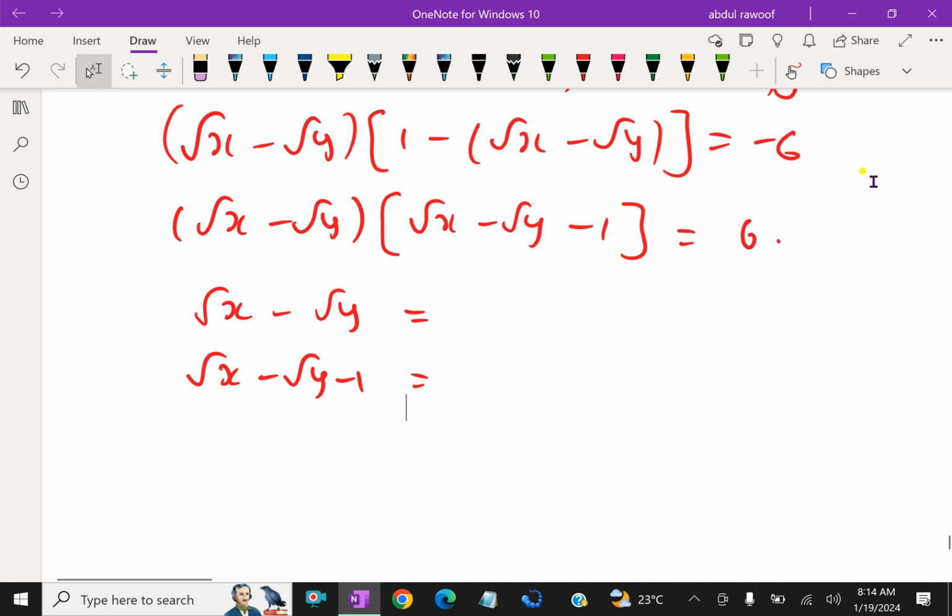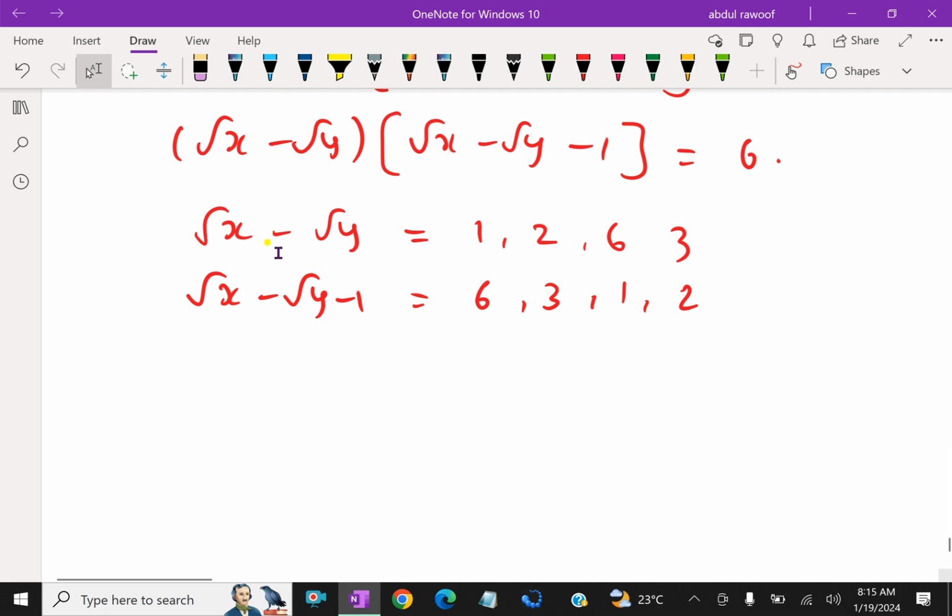The product is 6, possibly 1 and 6: if the first factor equals 1, the second must equal 6, because 1 multiplied by 6 is 6. Another possible value, if we put 2, then 6 divided by 2 is 3. The others are repeating. So these are the possible values of these factors: 1 and 6, and 2 and 3.